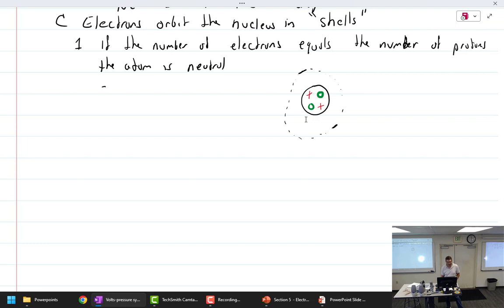If it has an extra electron, like if I had 3 electrons and 2 protons, that's an extra electron. That is a negatively charged ion. So if you see the word ion, you know that's that particular atom, and it has an extra electron.